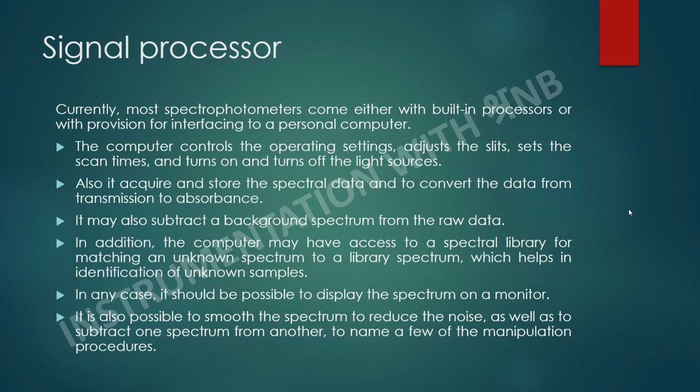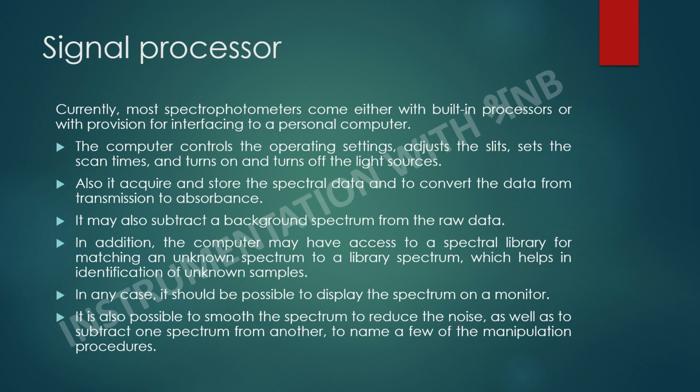From the amplifier, the signals will reach the signal processor. Most spectrophotometers come either with built-in processors or interfacing to a personal computer. What is the role of the signal processor?